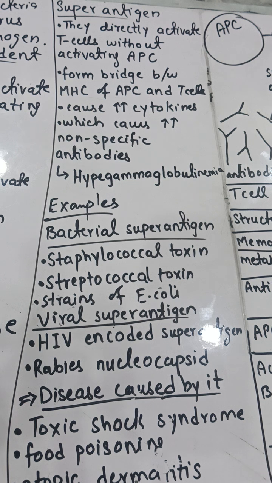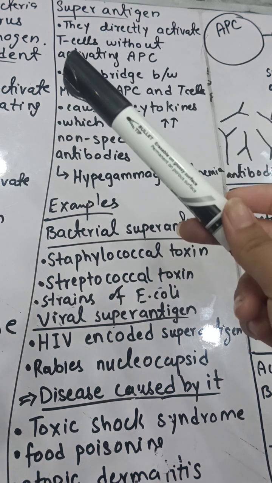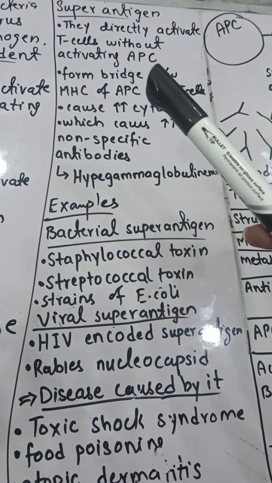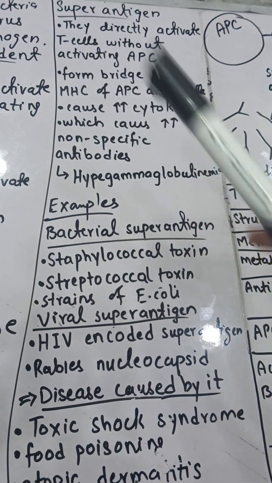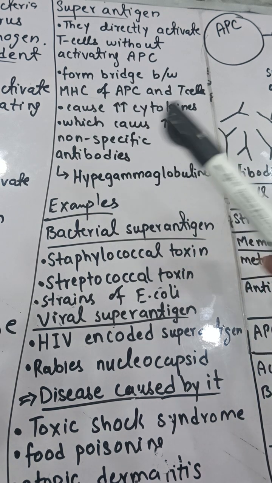But in the case of independent antigens, the antigen directly binds to B cells. But in the case of super antigen, it directly binds to T cells, not APC, and forms a bridge between the MHC of the APC and the T cells.